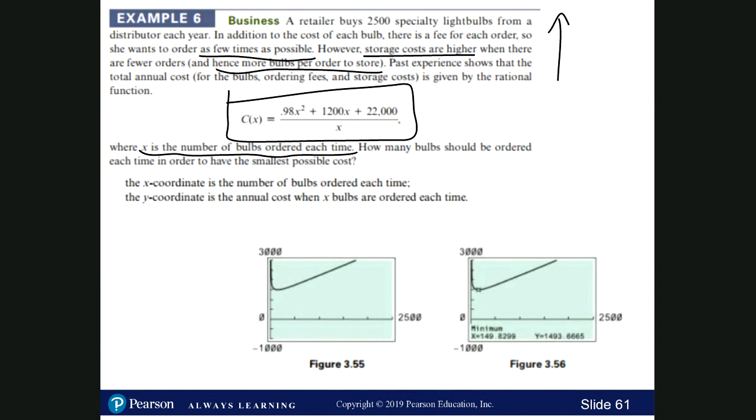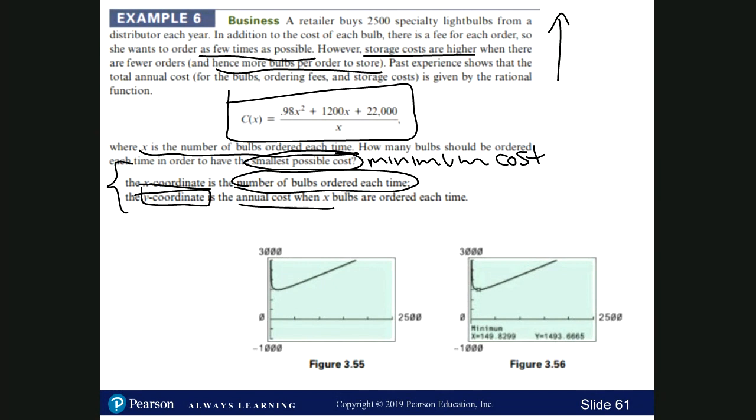So in this case, we're looking for the minimum cost. And we have here our quantitative analysis that says that the x-coordinate will represent the number of bulbs at each time, and the y-coordinate is going to represent the annual cost of those many bulbs ordered each time.